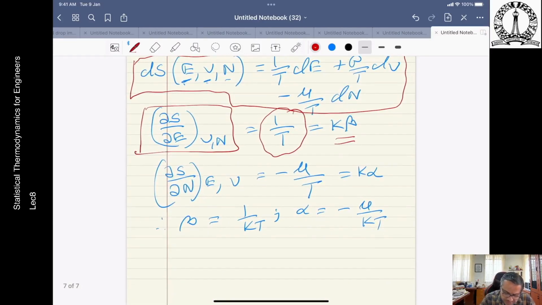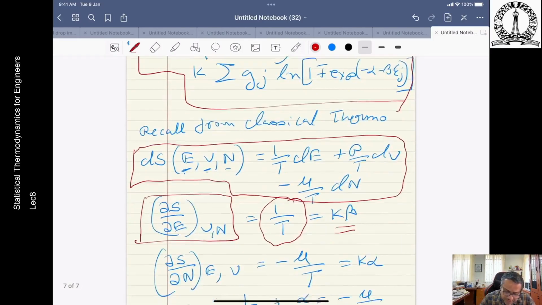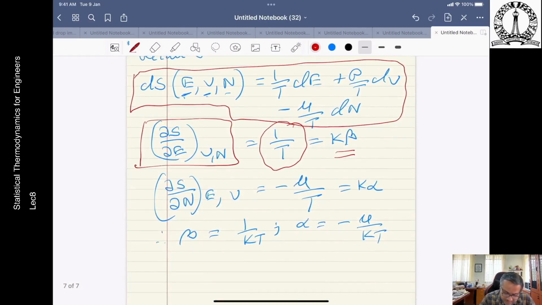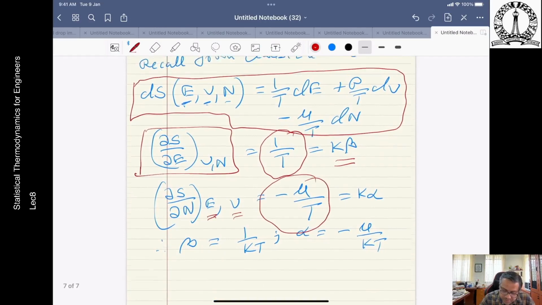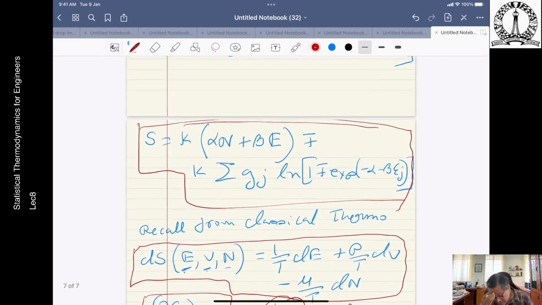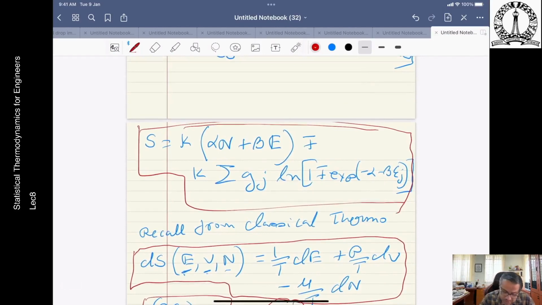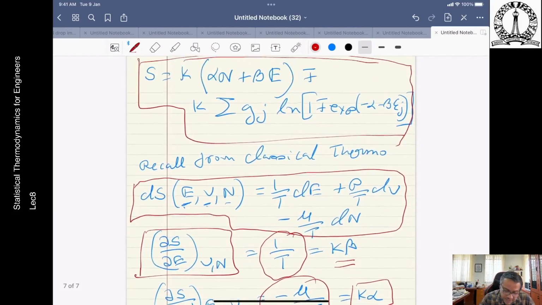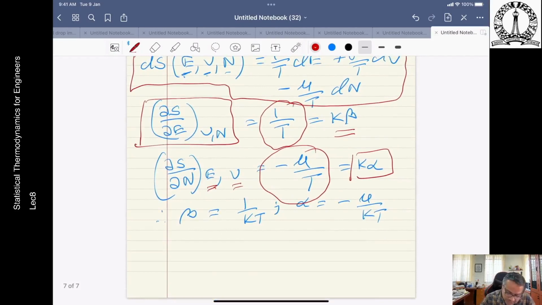Similarly, when you differentiate with respect to N, keeping E and V constant, this becomes minus mu by T, so that becomes your K alpha. So this gives us the unique opportunity to find out the value of beta and the value of alpha.